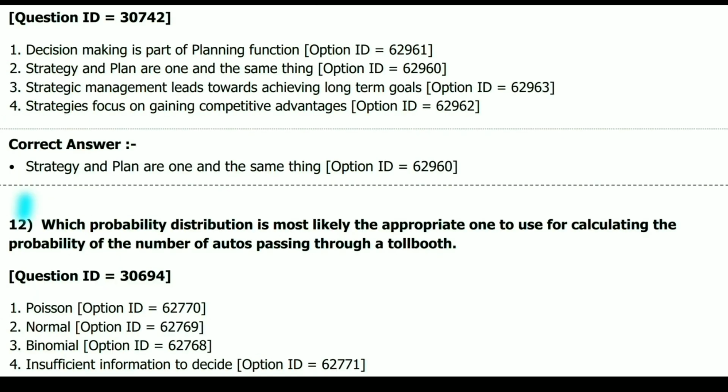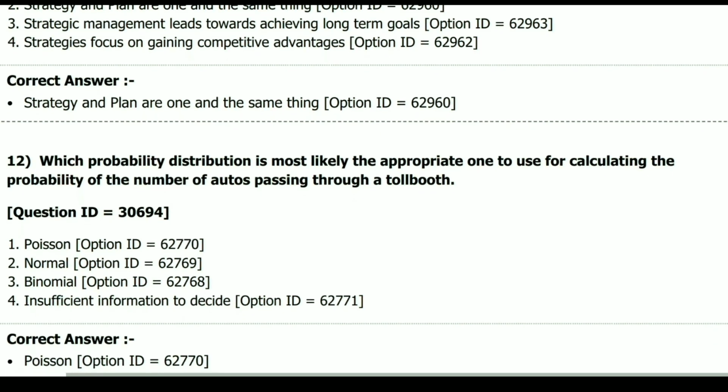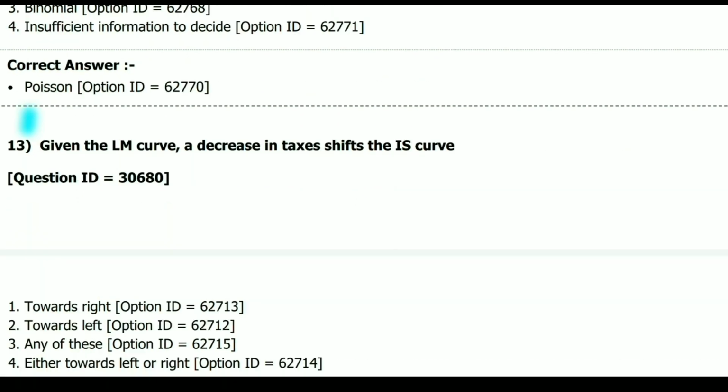Next, which probability distribution is most likely the appropriate one to use for calculating the probability of the number of autos passing through a toll booth? Options: Poisson, normal distribution, binomial distribution, insufficient information to decide. And the answer is Poisson distribution.